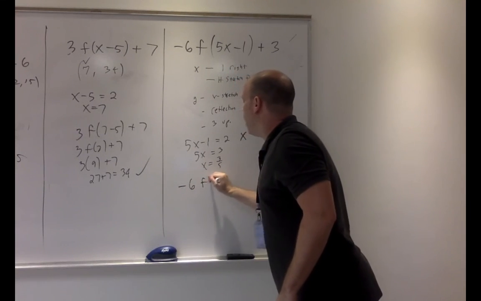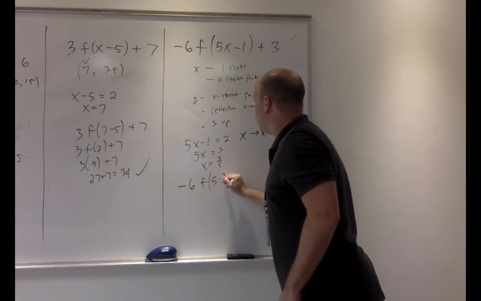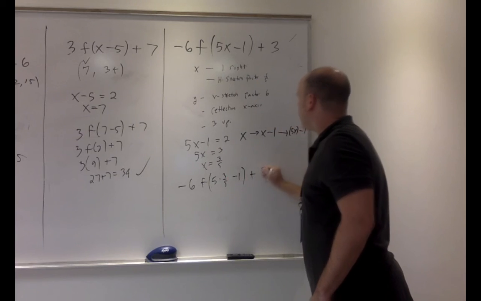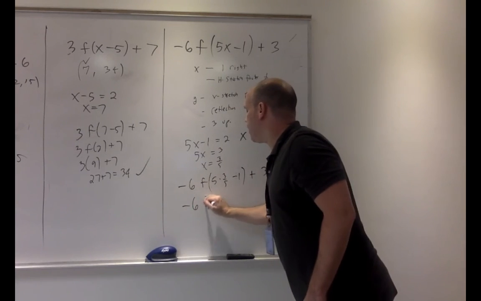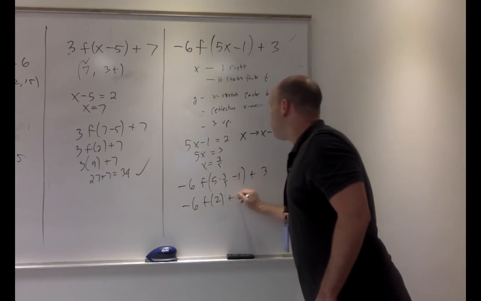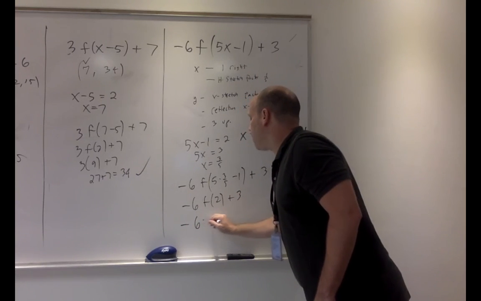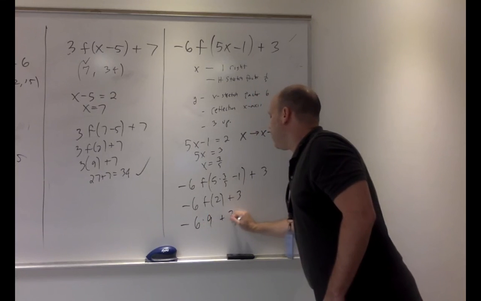Negative 6 f of 5 times 3/5 minus 1, plus 3. We have negative 6 f of 2, plus 3. Negative 6 times 9, plus 3.